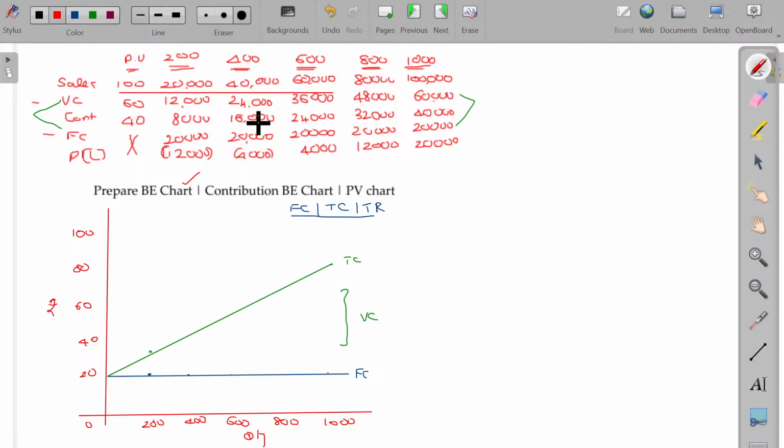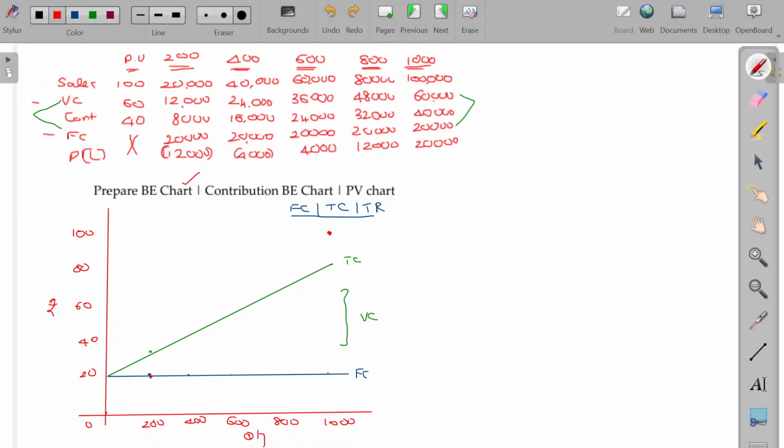Similarly, revenue, sales. At 200 units, the sales is 20,000. At 1000 units, the sales being 100,000. Zero units, the sales being 0 only, right?